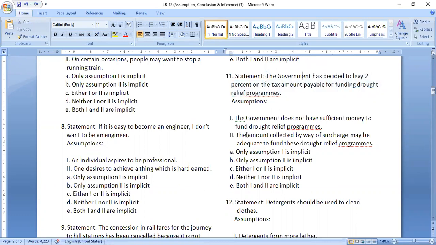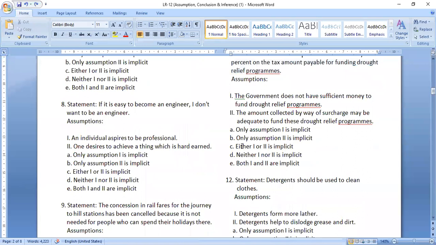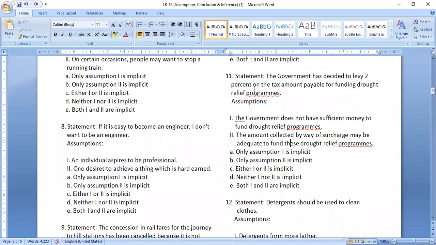Good. And how about the other fact, that the amount collected by way of surcharge may be adequate to fund these? If it's not, then what's the point of collecting? So the surcharge is the 2% tax, right? So the government says they're going to have a 2% tax for funding drought relief.